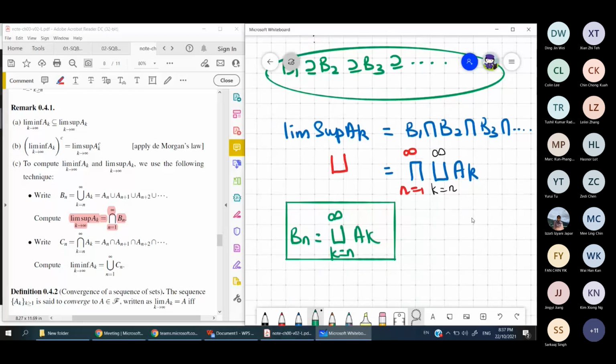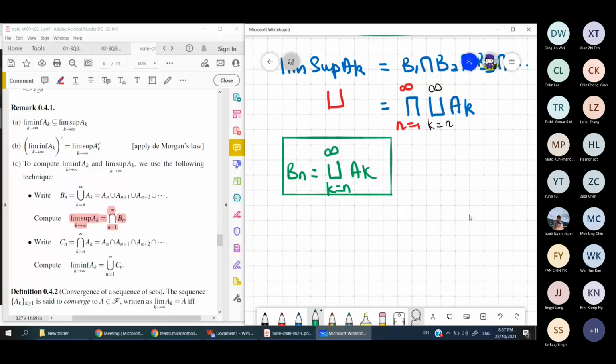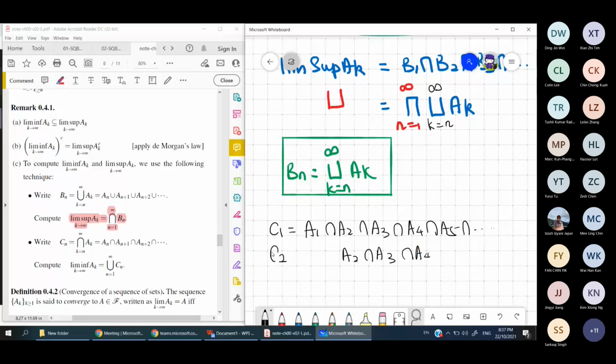To compute the limit infimum, we do it similarly. We construct C1 to be A1 intersect A2 intersect A3, A4, A5, and so on. And then we take C2 and so on.